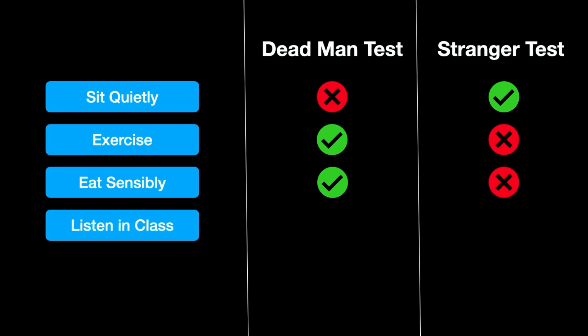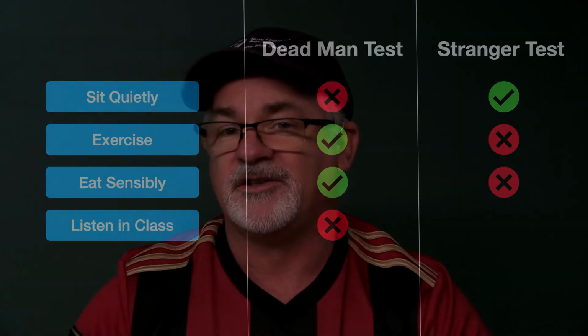Listen in class. Now, unless we're actively asking them questions, testing after, this actually fails the dead man test, because we can prop up that little girl. We don't know. That little girl in the picture, she might be listening very intensely. This is sort of why, this is an aside, but in my own classes, I don't grade per se participation, because there are degrees of participation that are not observable.